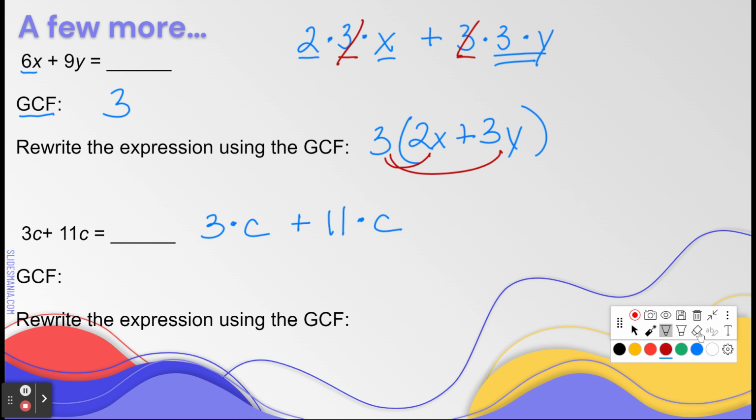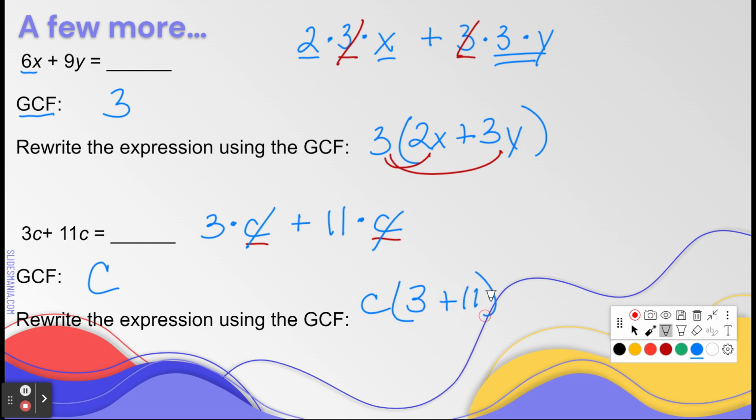I'm expanding them so that you really get what we're doing. What do both of these terms have in common? They both have c. So our greatest common factor is c. So now we're going to put the c outside the parentheses, and we're going to be multiplying c by what we have left. And what we have left is 3 plus 11.